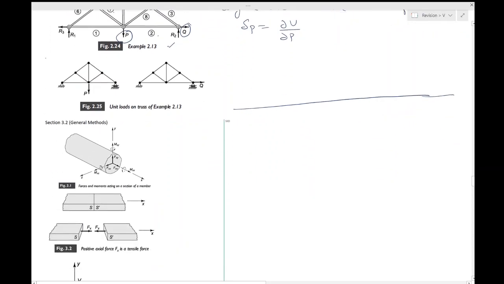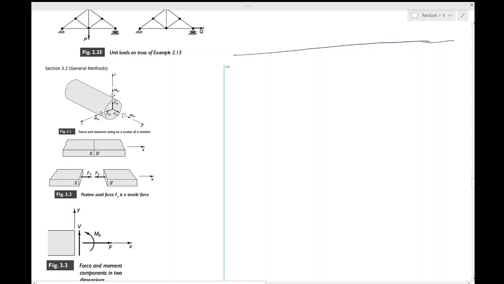We now move to the third chapter of this textbook, and it is about the forces and moments transmitted by slender members. That's what it is called, and we'll discuss this chapter because of the applications it will have in the entire course to follow.